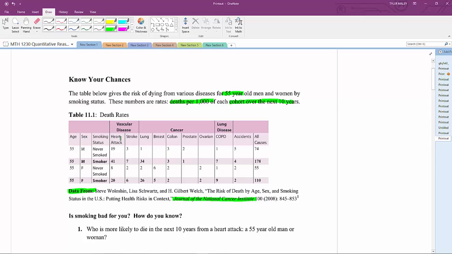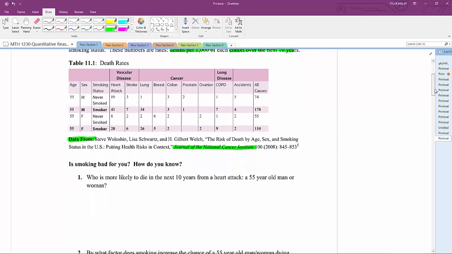So for example, this number here represents a 55-year-old male who smokes. So this tells me that three out of 1,000 males age 55 that are smokers died of colon cancer within 10 years. So these numbers are death rates.